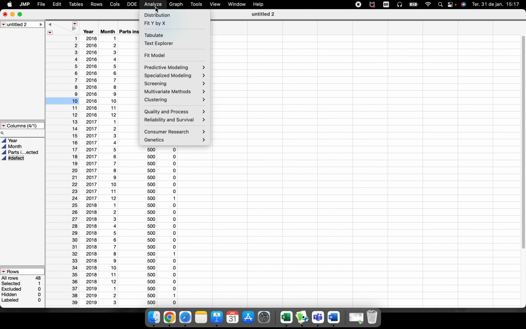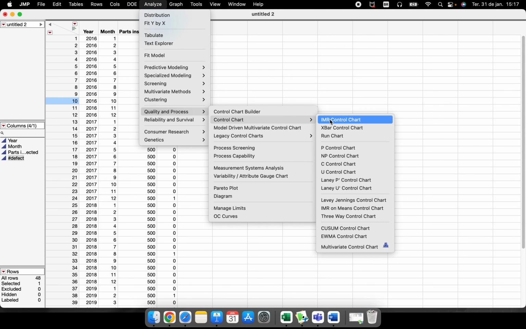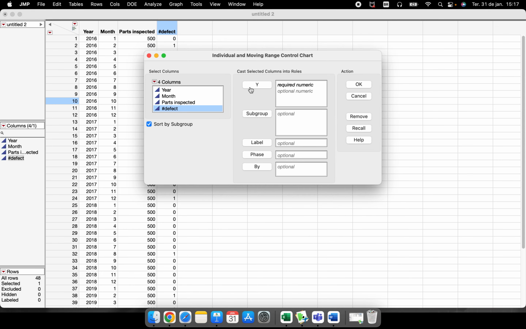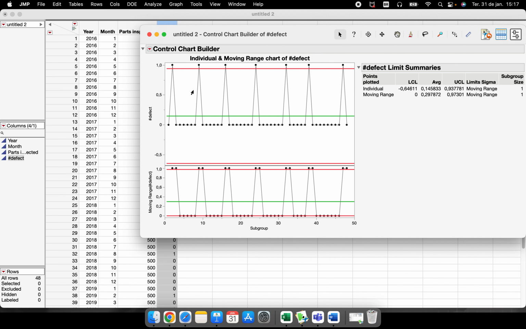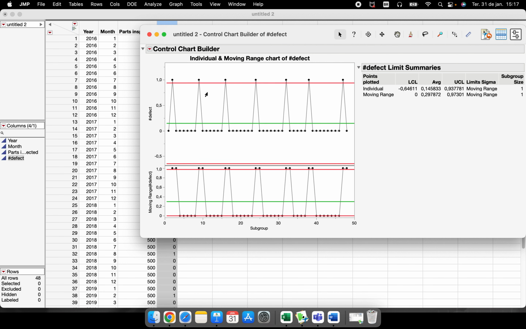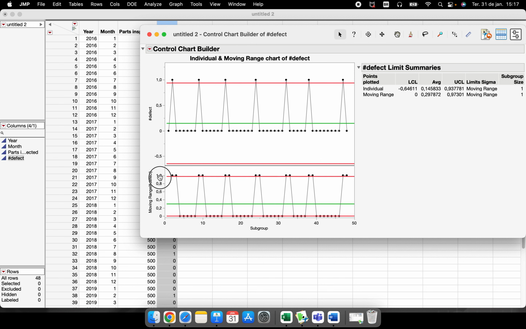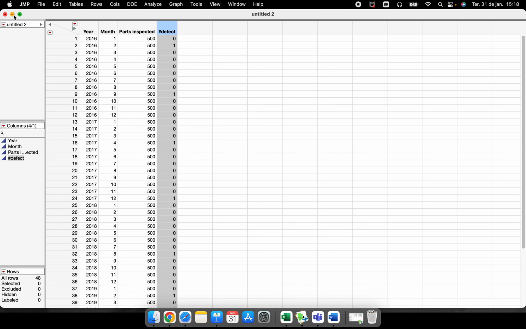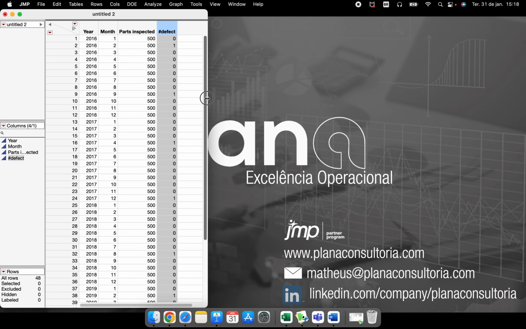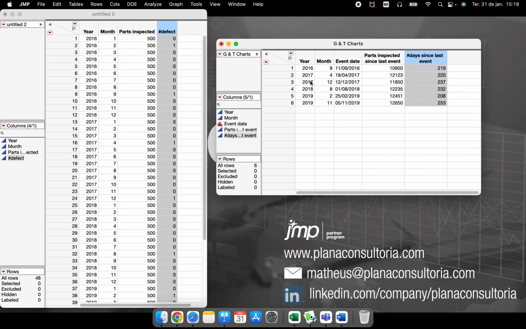So if you try to run an AMR control chart, for instance, you will have a chart like this one with a lot of special causes, and you will have an average that won't make sense for your analysis. So in this case, you should organize your data table differently.